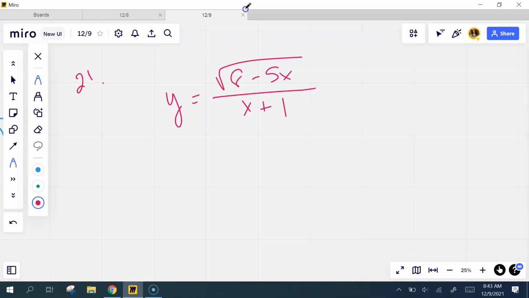Well, we know it's not differentiable where it's undefined, so what point would that be? It says find all values for which it is, so x can't be negative 1. We also know that radicals need a nonnegative radicand.